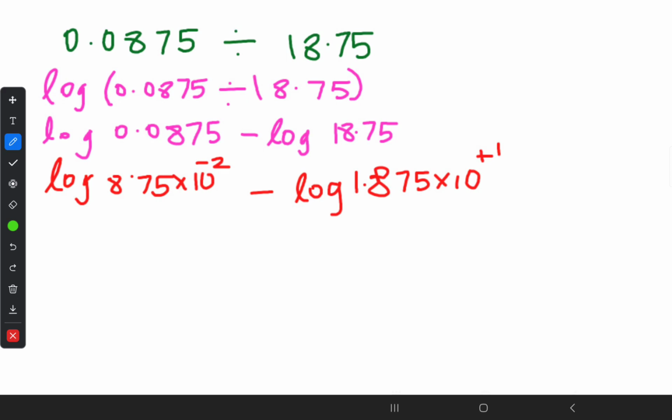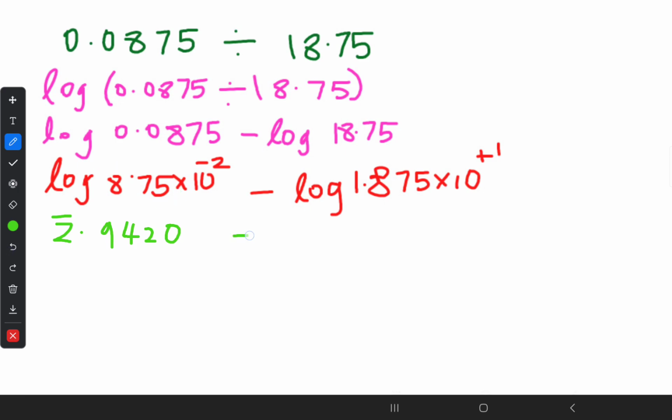So those values are, this is negative 2. So that means bar 2.9420. In the table we found 9420 for this respective value.